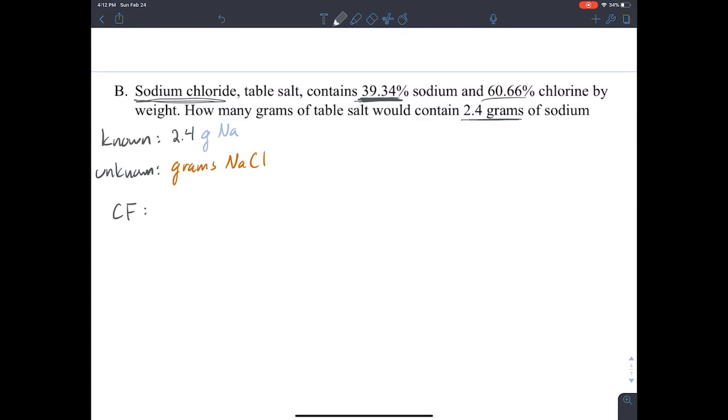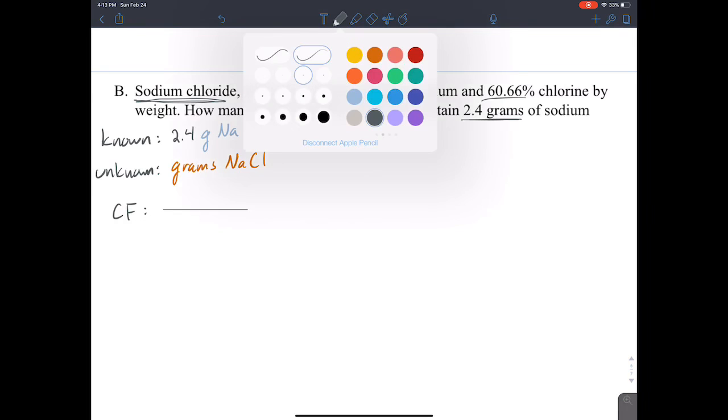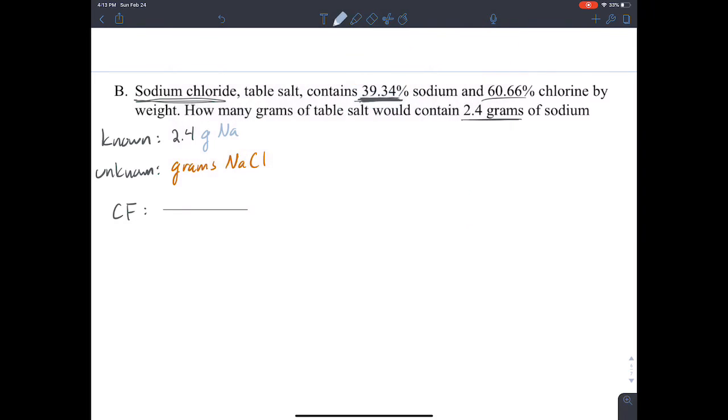So what's a percentage out of? Percentage is out of 100. So that tells me that for every 100 grams of sodium chloride, I have 39.34 grams of sodium and 60.66 grams of chlorine. So I can set that up as a conversion factor because it's an equivalency, it's a something per something else.